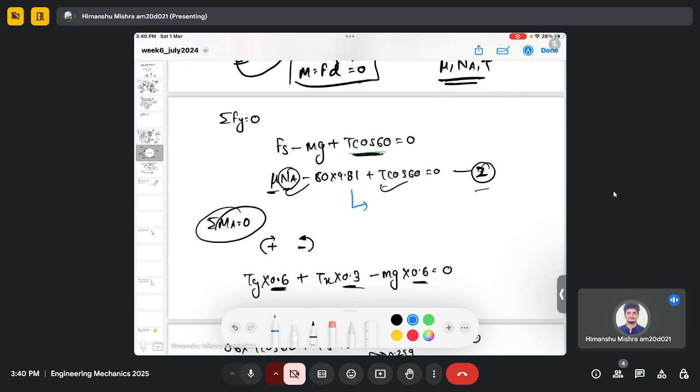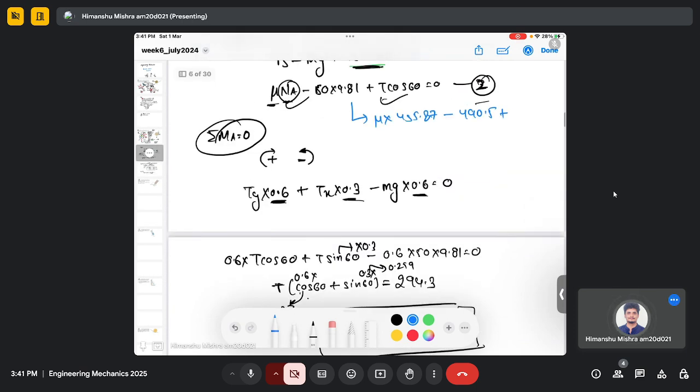So from this equation we have mu Na, which is 455.87 mu, minus 490.5 plus T cos 60, where T is 526.4, so it is 263.2, equals 0.